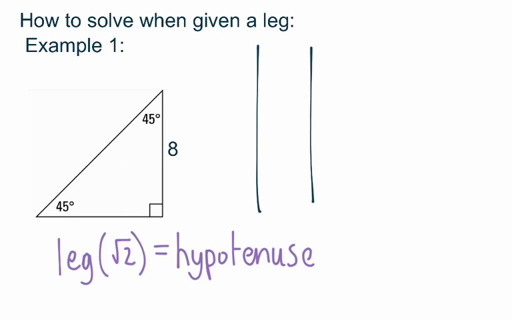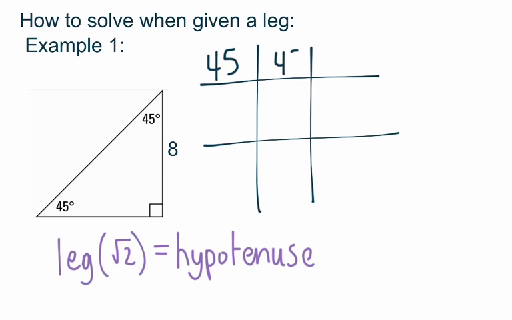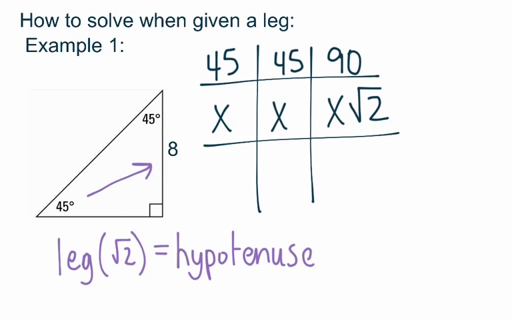I'm going to draw my grid. 45, 45, 90, x, x, x square root of 2. So 8 is across from the 45. Of course, the other leg is going to be 8, and then we're going to have 8 square root of 2.